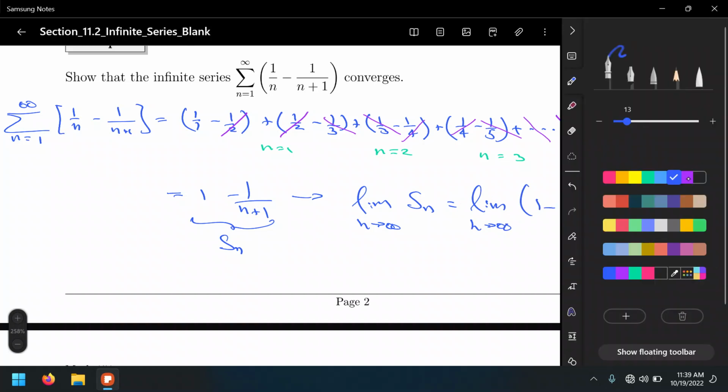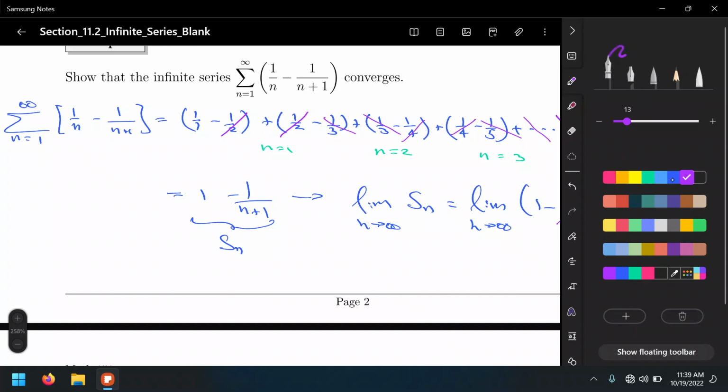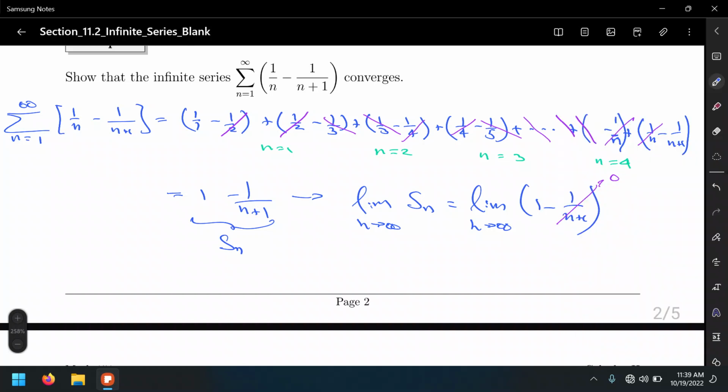Notice how this term is going to go to 0, because 1 over infinity, 1 over really big, becomes 0. And 0 plus 1, that's 1. So the infinite sum is 1. This concludes the telescoping series.